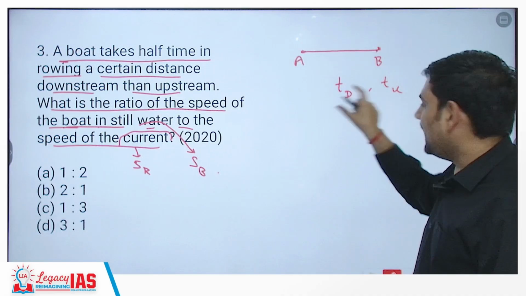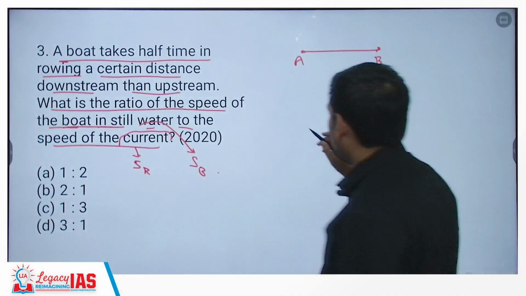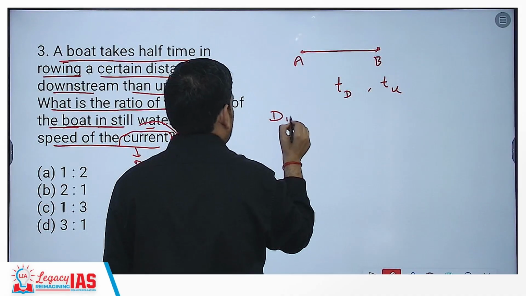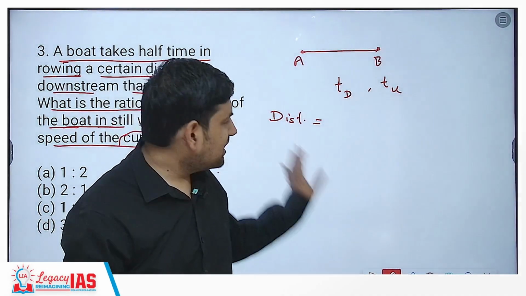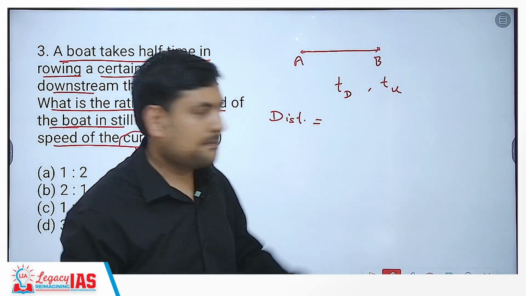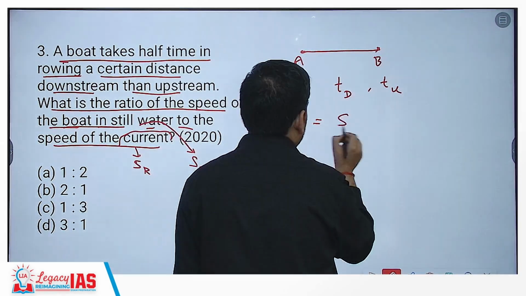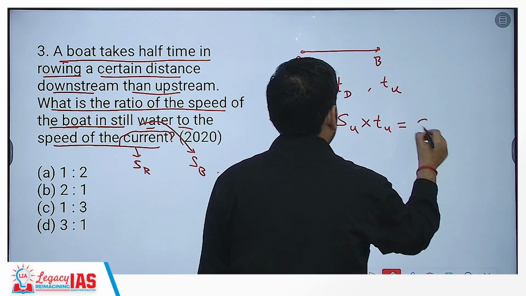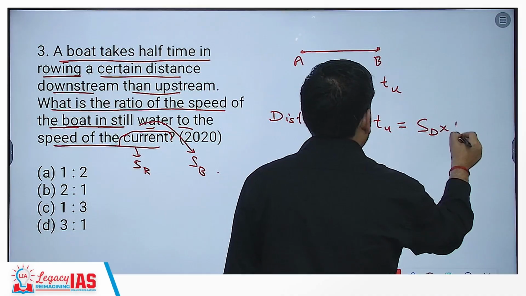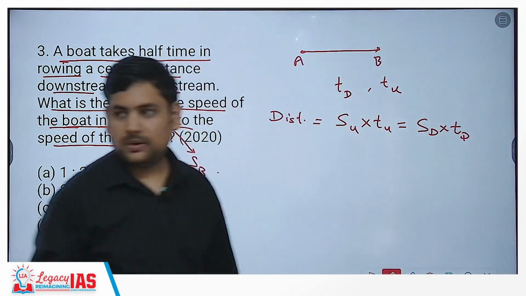So time taken, if the distance is same, as we had done in distance constant problem, what we have done, distance is equal to speed into time. So if you see here, it will be speed while going upstream into time taken upstream is equal to speed while going downstream into time taken while going downstream.